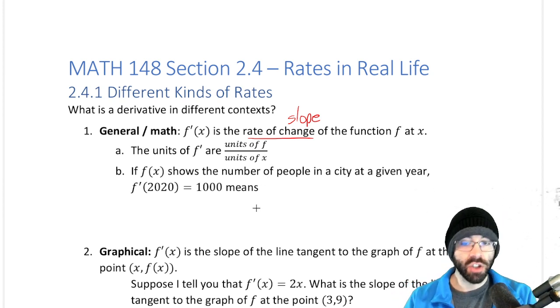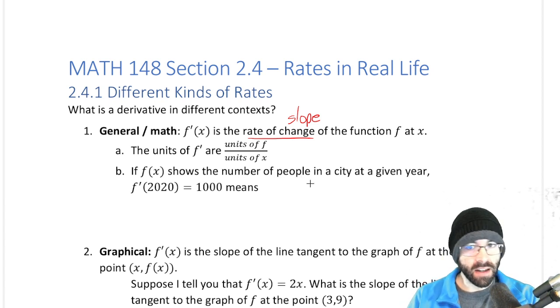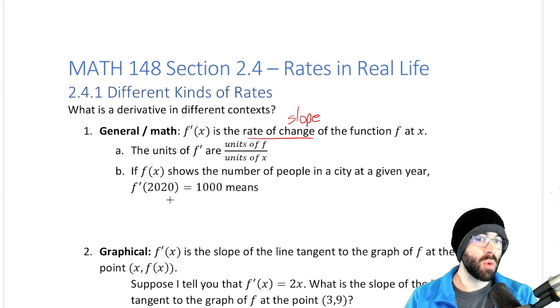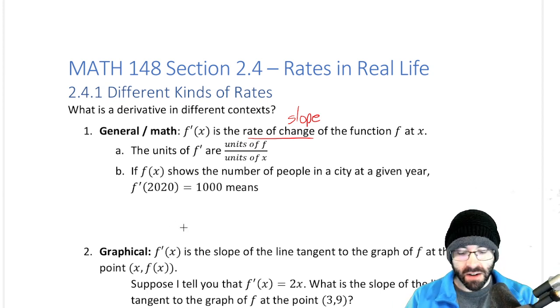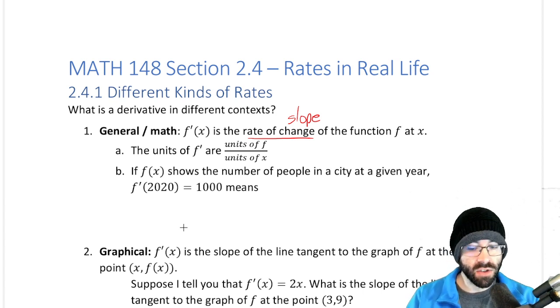So if we have some function f of x that shows the number of people in a city in a given year, well, f of 2020 shows how many people there are in that city in 2020. F prime of 2020 means something different. F prime is the rate of change.